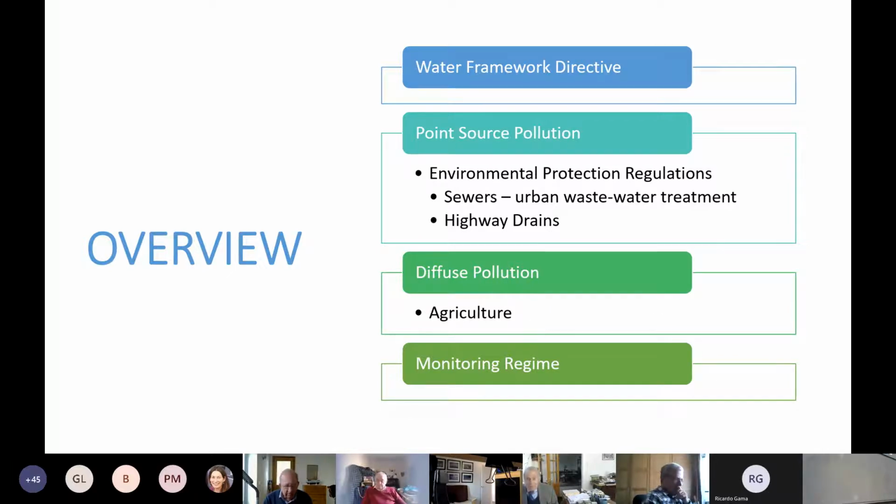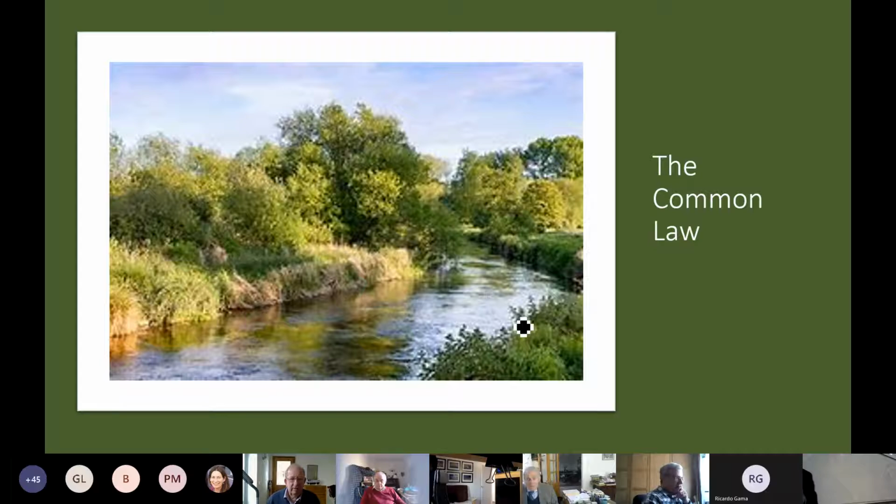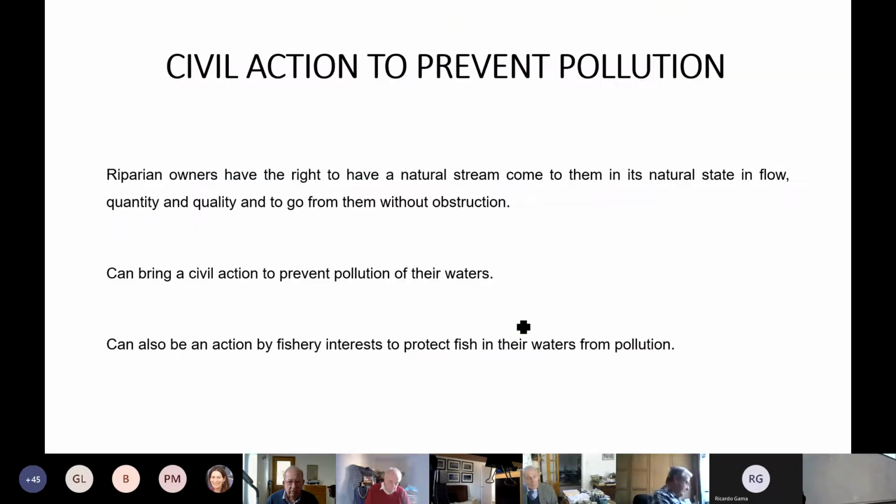Sorry, another technical problem. But before I do that, just bear in mind that underlying all this is a common law. And the common law does involve itself with pollution. So a riparian owner, for example, can bring a civil action if the stream is polluted, because they have the right for a stream to come to them in its natural state in flow, quantity and quality.